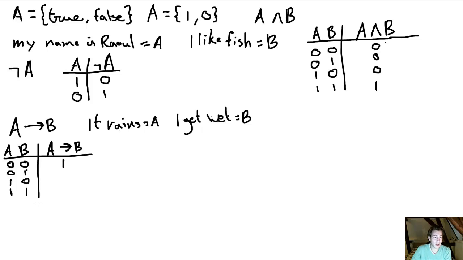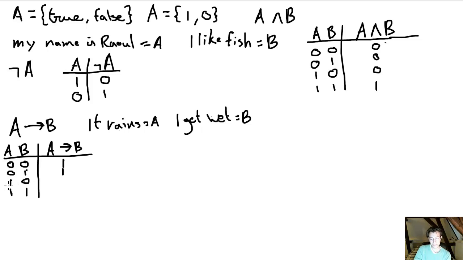Because, well, I can take a shower or something. So because it doesn't rain doesn't mean I can't get wet. So this is still true. So we get a 1 over here.